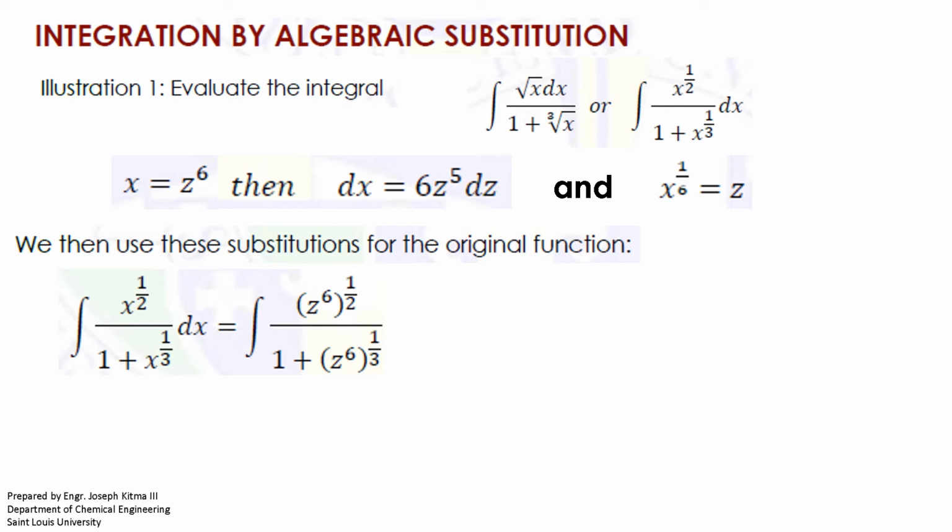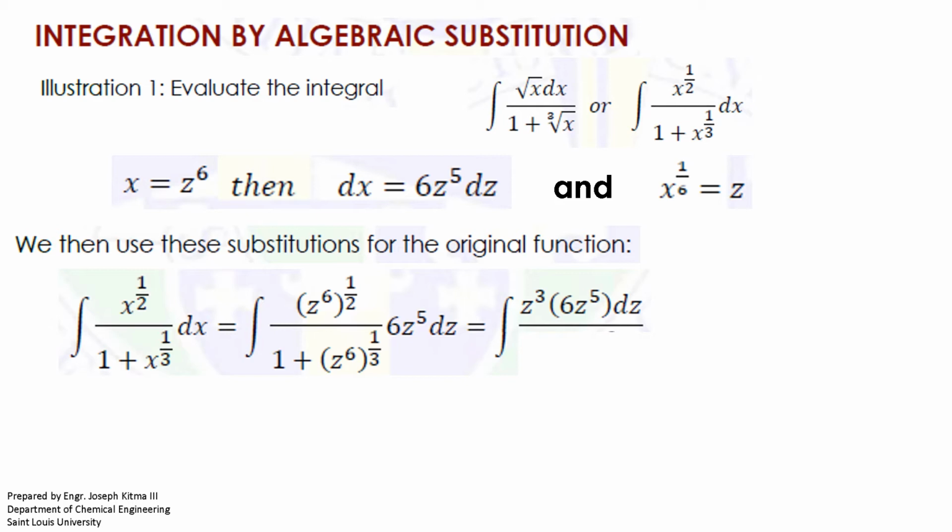So our final integral becomes the integral of z raised to 6 raised to 1/2 all over 1 plus z raised to 6 raised to 1/3 times dx. And what is dx? dx is 6z raised to 5 dz. If we simplify this, the numerator becomes z cubed, because 6 times 1/2 is 3.